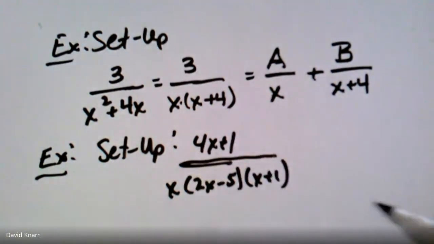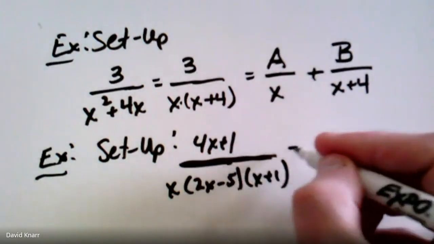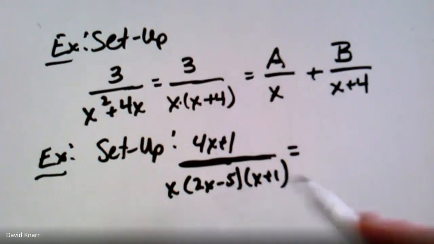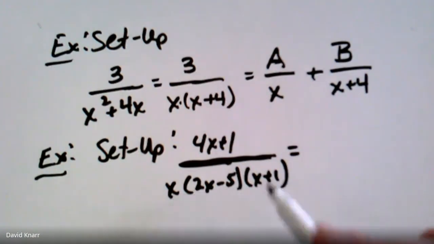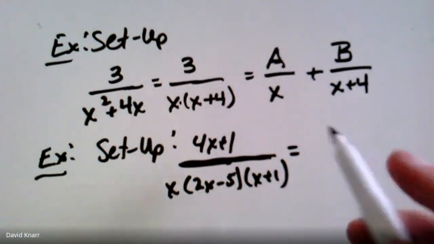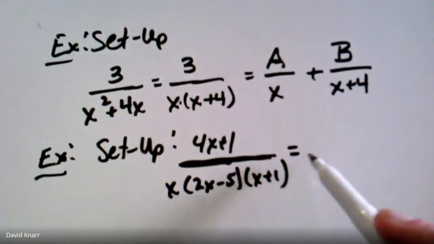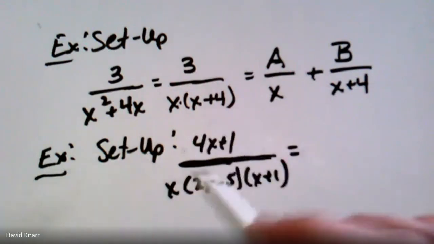Okay, there you go. There's your denominator. So now, if you look, the denominator has 3 different factors. It's already factored. It has 3 different factors in the denominator, which means that there are 3 possible fractions that I could decomp this fraction into.